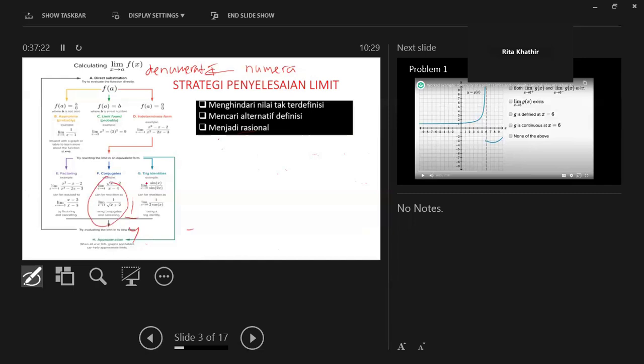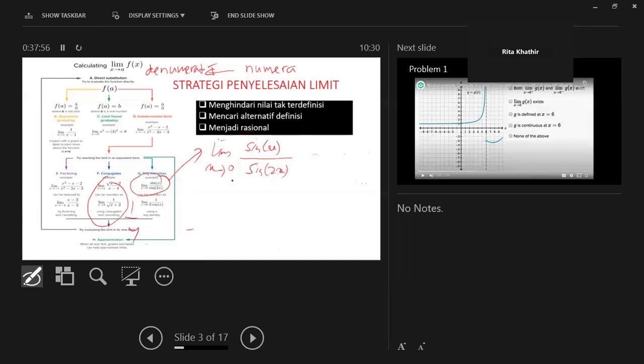And probably the problem is related to trigonometry functions. So you also can take the rules from trigonometric functions as the strategy in solving the problems. I have a small example here. Limit x approaches 0 from sinus of x over sinus of 2x.